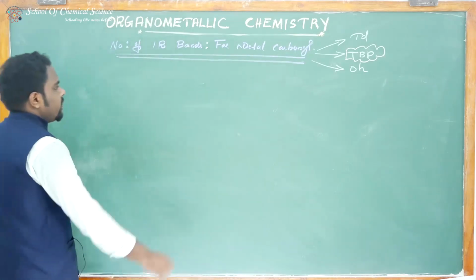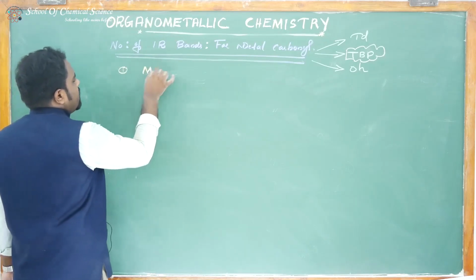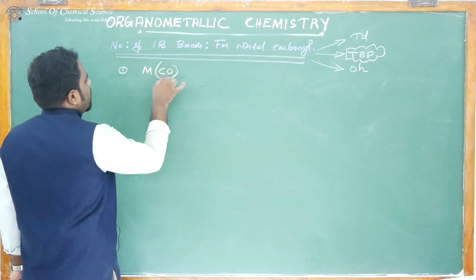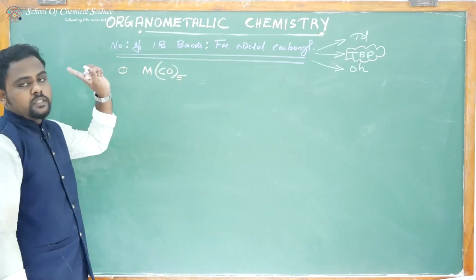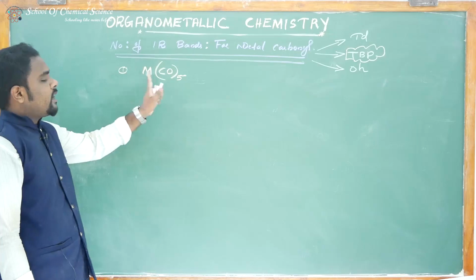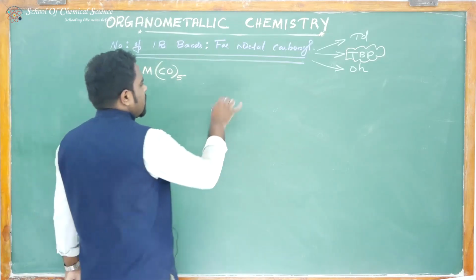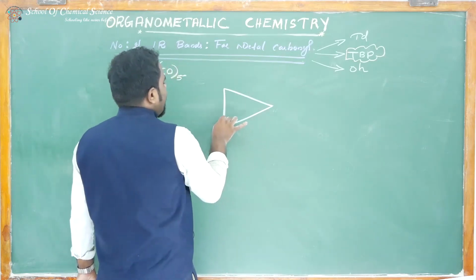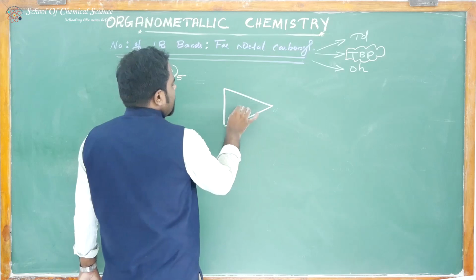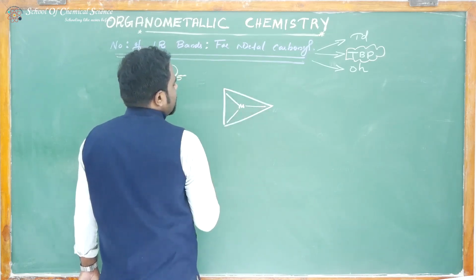Okay, first one, MCO5: one metal and 5 carbon monoxide. So what will be the arrangement? In TBP, this is the trigonal plane, with the metal at the center.